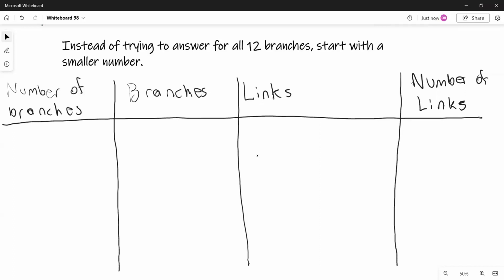Okay, so if it has one branch, let's call the branch A. Well, there's no way to link a branch with itself. So one branch has no links.